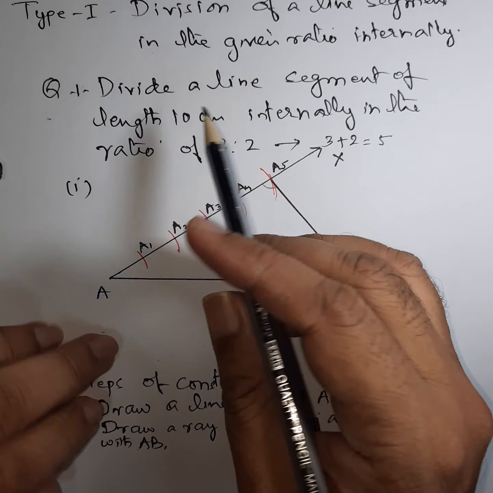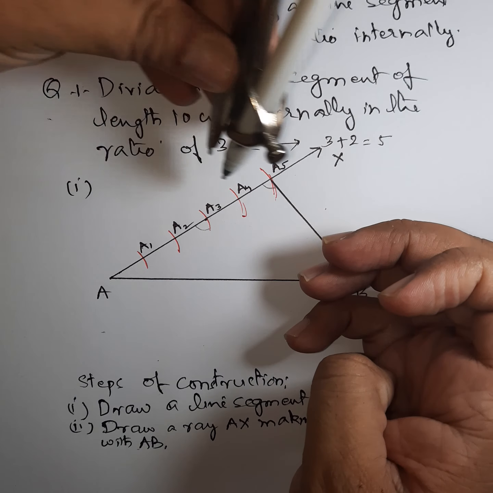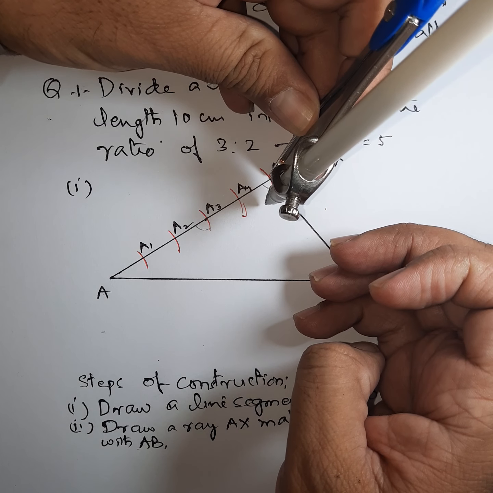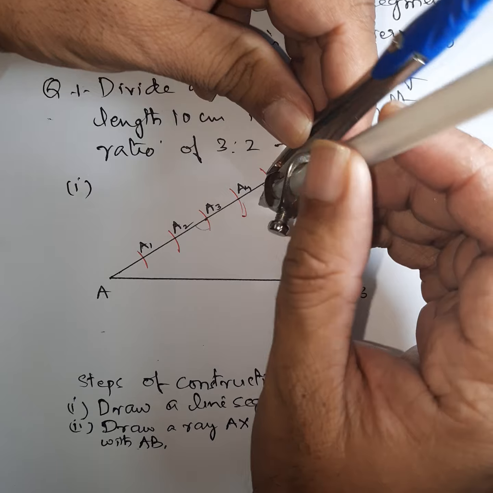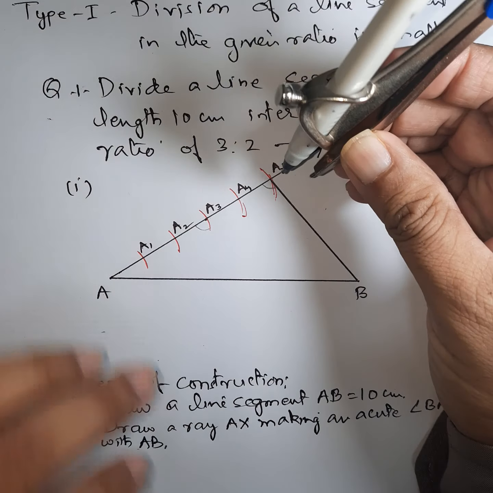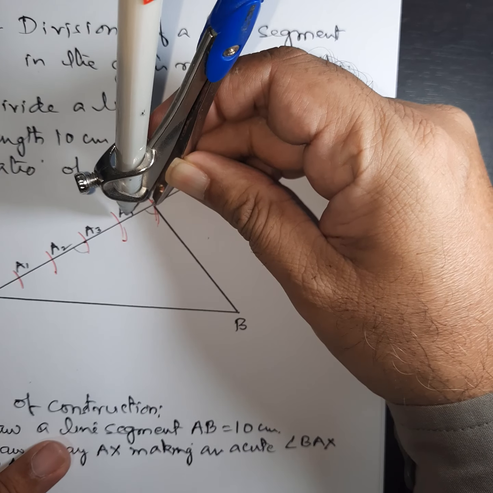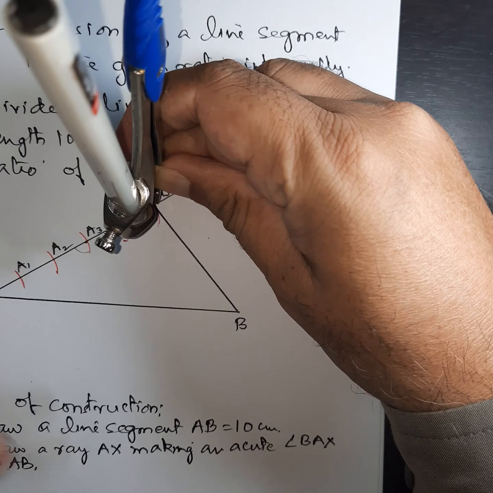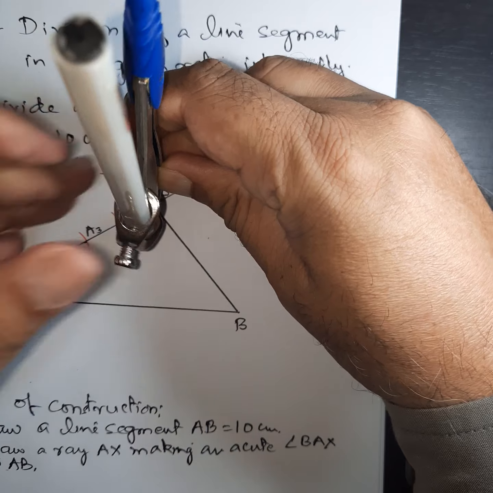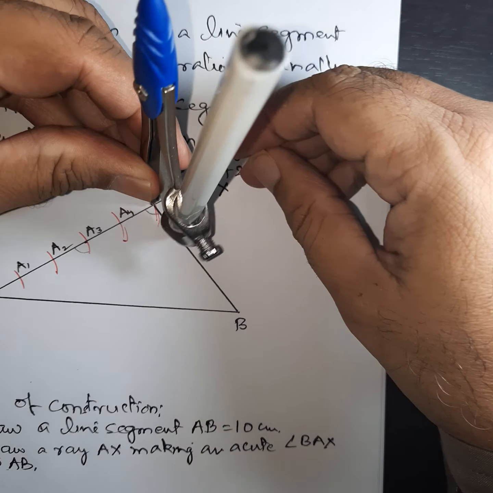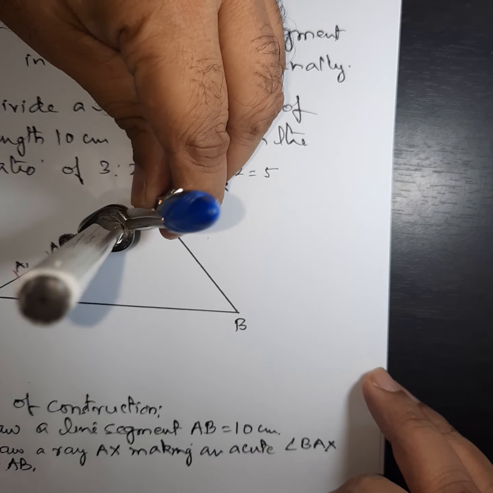So at A5 you can take any length and draw an arc intersecting the lines. You can take a bigger one like this.